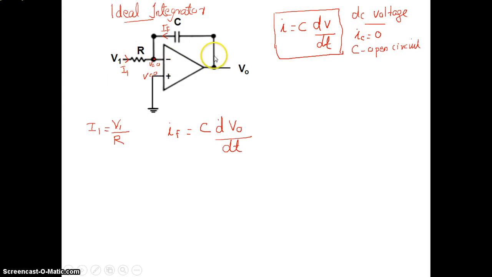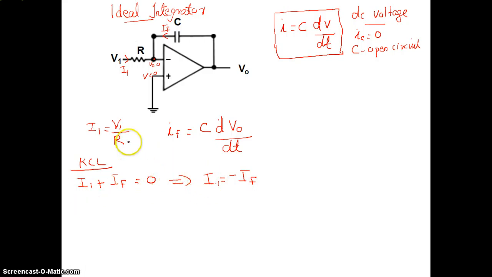On KCL at the junction, we can write I1 plus IF should be equal to 0, which implies that I1 should be equal to minus IF.